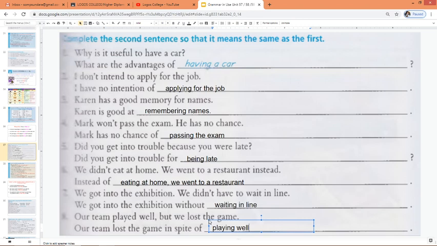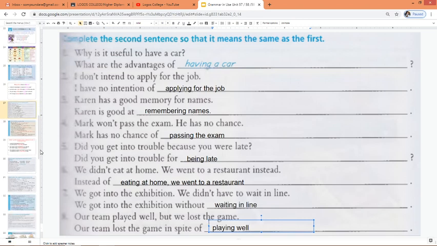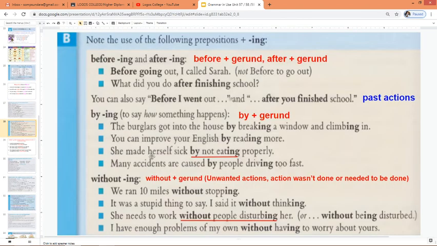Okay, let's go on to part B. So part B is some more prepositions. These prepositions are before, after, by, and without. All right. So these 4 prepositions, they are followed by the gerund. Right?